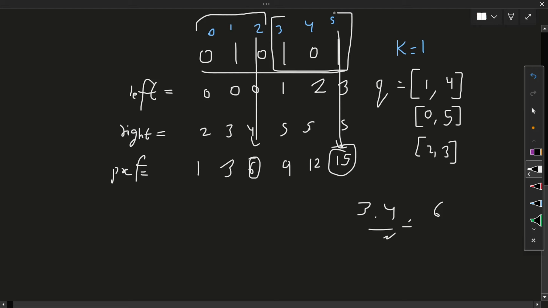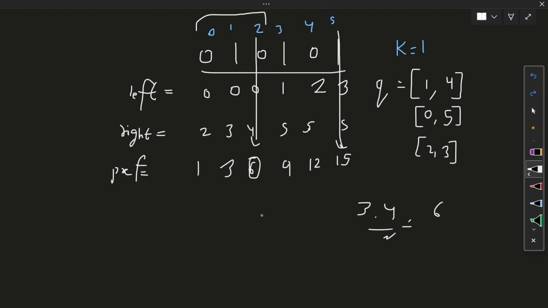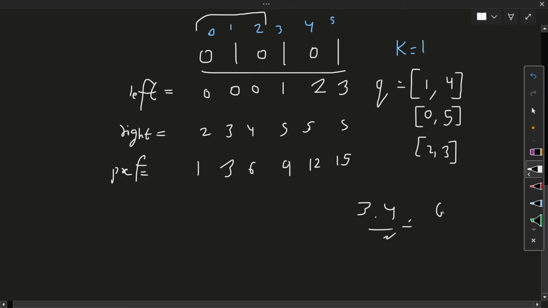So from middle plus 1 to R, I have to calculate the total substrings that end on our jth pointer. So 15 minus 6 is 9. So 6 plus 9, the answer is 15.